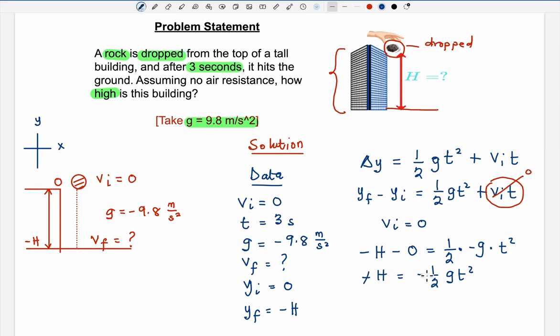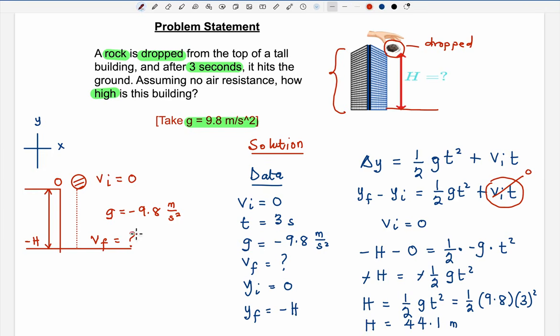And the negatives will cancel out, leaving h, which is the displacement of the object from the origin, equals 1/2 g t squared. So if we substitute, we have 1/2 times 9.8 times t, which is 3 squared. And evaluating this is going to give us the height equals 44.1 meters.